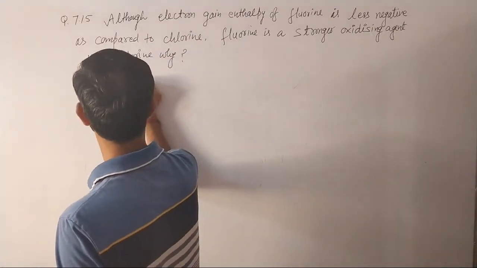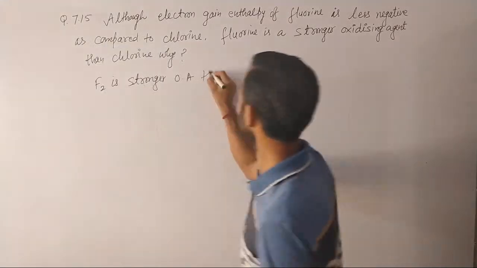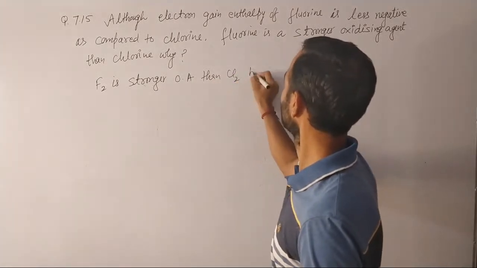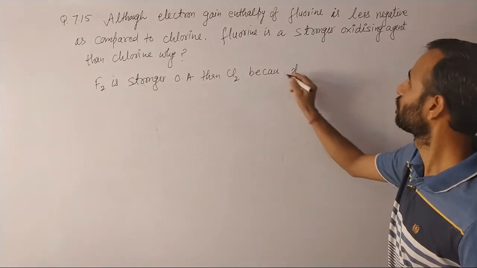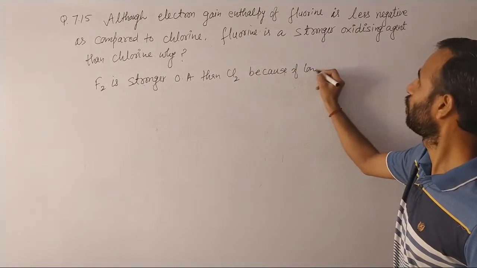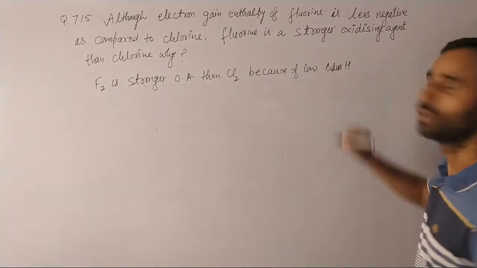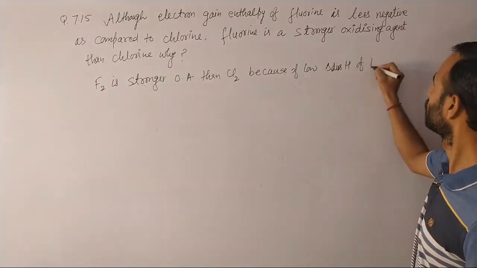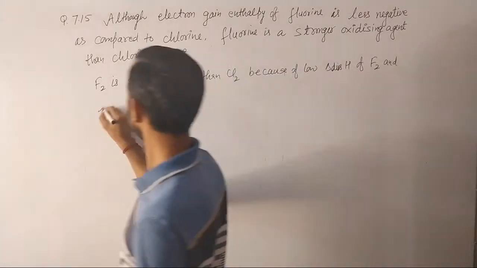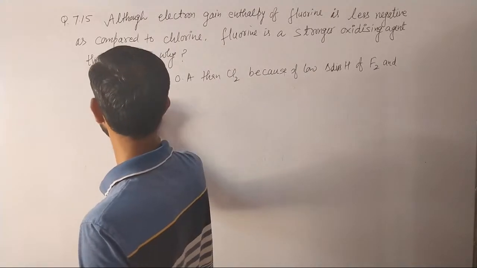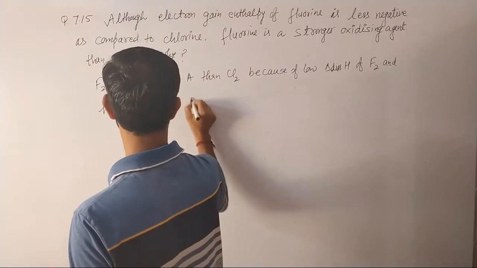F2 is a stronger oxidizing agent than chlorine because of low bond dissociation enthalpy of fluorine and high hydration enthalpy.